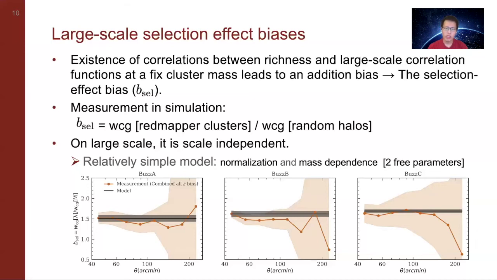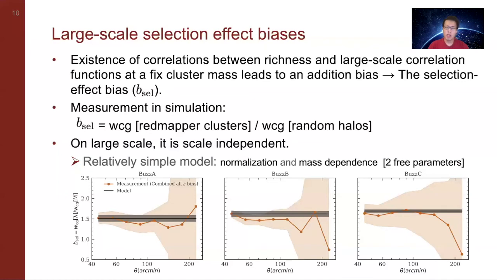We can measure the selection effect bias on the simulations. What we did is we measure the cluster-galaxy cross-correlations. Basically, you run your redMaPPer finder on the simulations. You can calculate the redMaPPer cluster-galaxy cross-correlations.